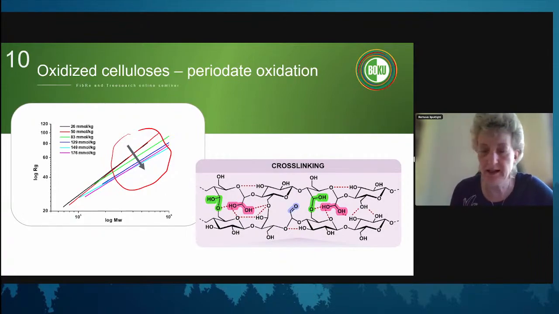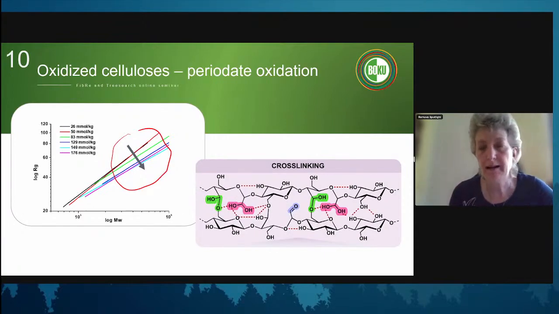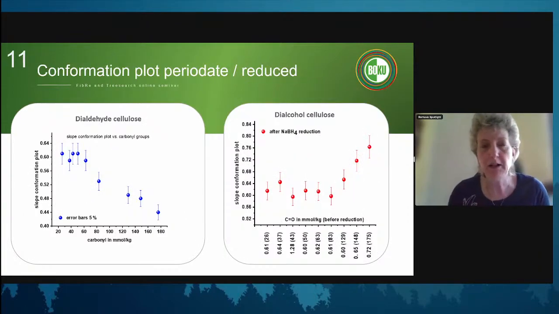There is a certain dynamic because our hemiacetals open and close. We cannot completely prevent, during dissolution, that we really open them all up, so some remain, and we see that in the conformation plot. There is a direct relationship to our degree of oxidation, which is the number of carbonyl or aldehyde groups we have here.